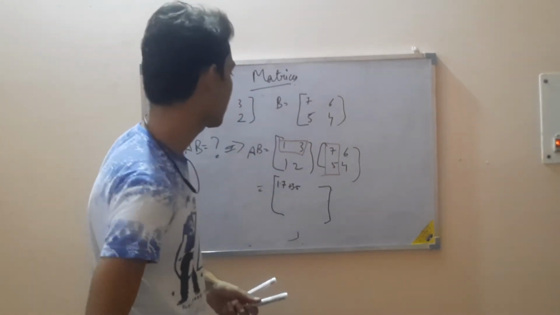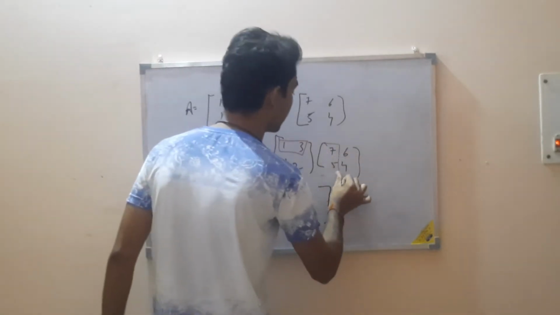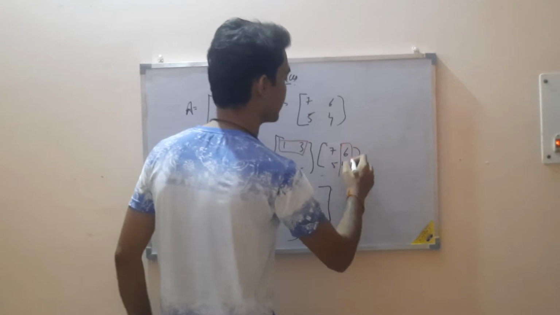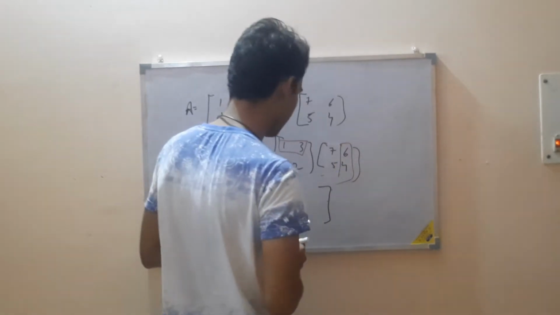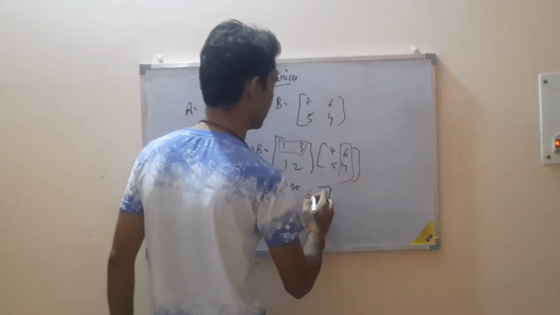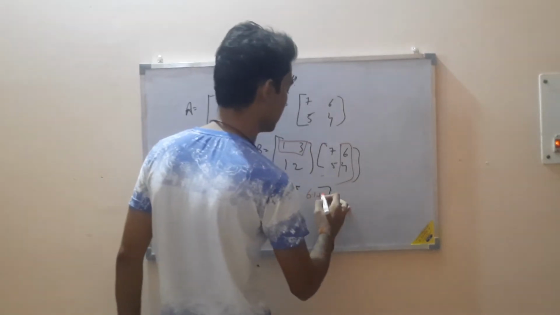So now in place of this column, we will be considering this column. So again it will be 1 into 6 plus 3 into 4.